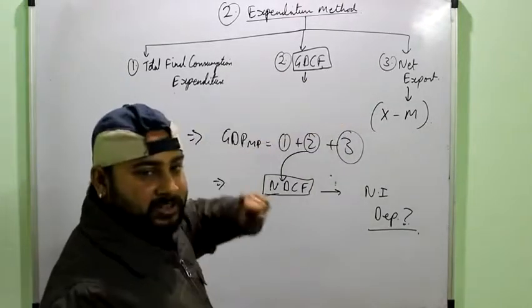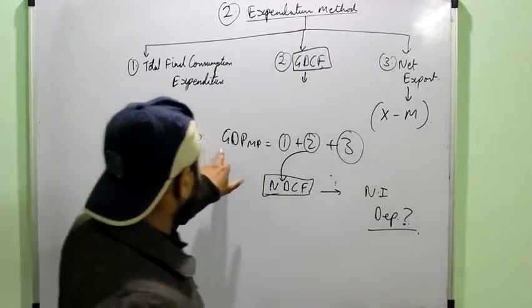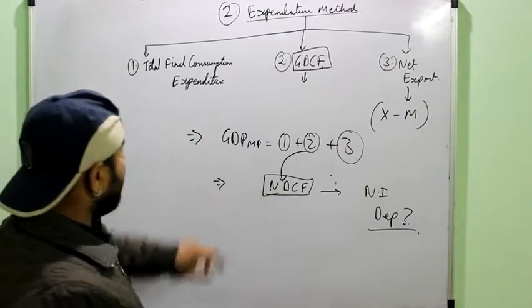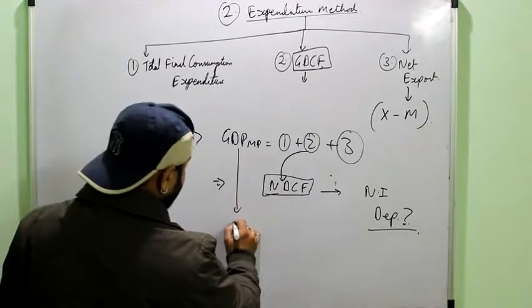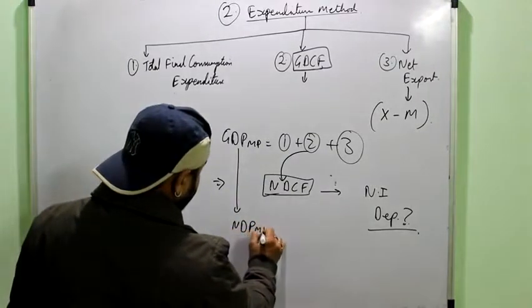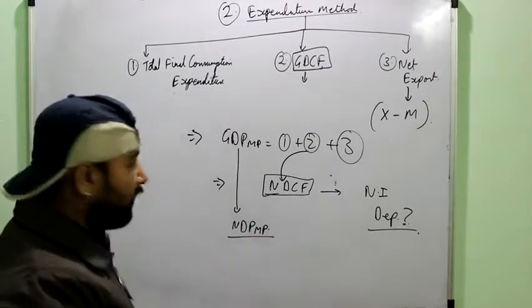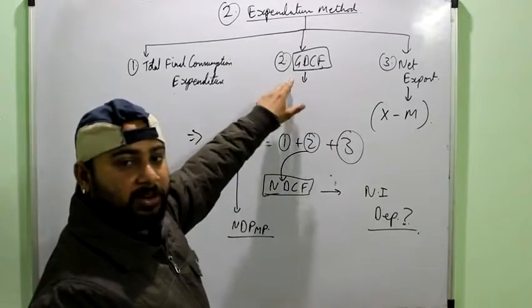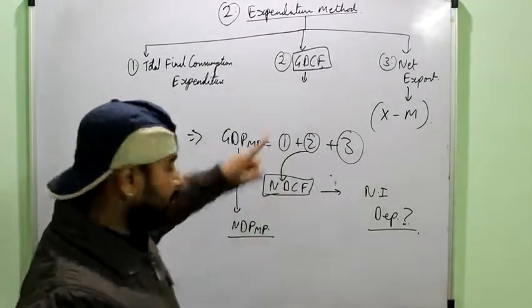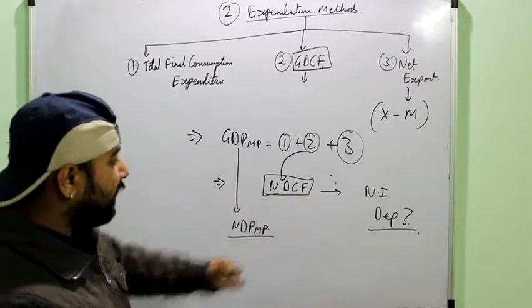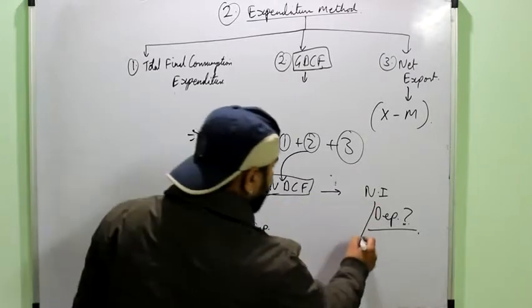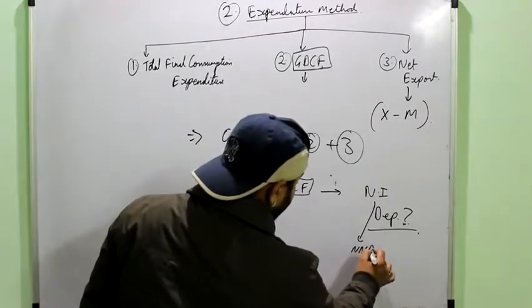It will lead to one change. Some of you might have understood that change. It will give me NDP as output, because depreciation has already been subtracted. So now, I have been asked to calculate national income, that is NNP FC.